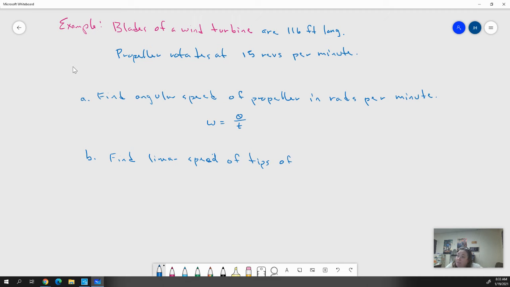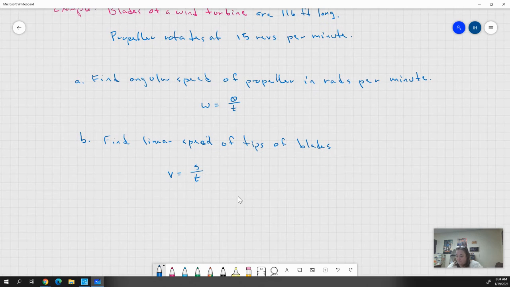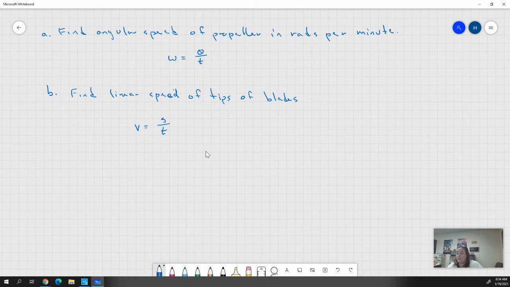Now the bottom is basically what we just did with the clock, right? We're going to take our V equal to S over T.